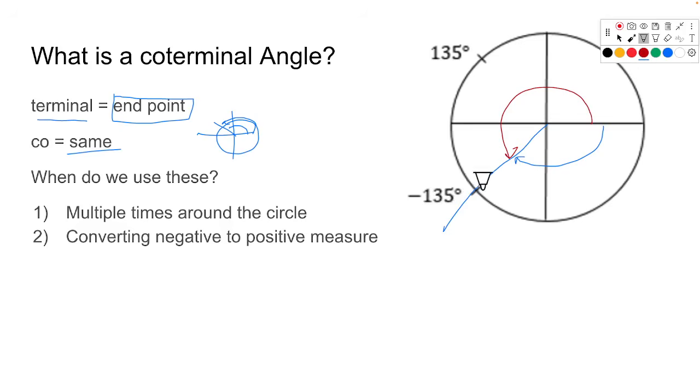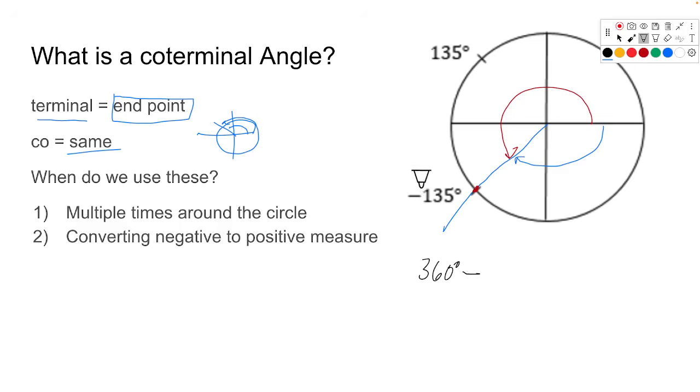And it's going to be positive, but both of these angles, the red one and the blue one, are ending at the same place. They are coterminal. How would I measure this one? Well, notice that all the way around the circle is 360. I've gone negative 135.